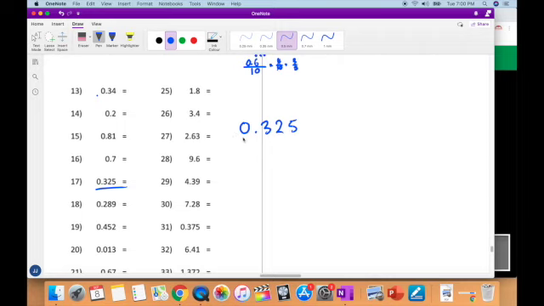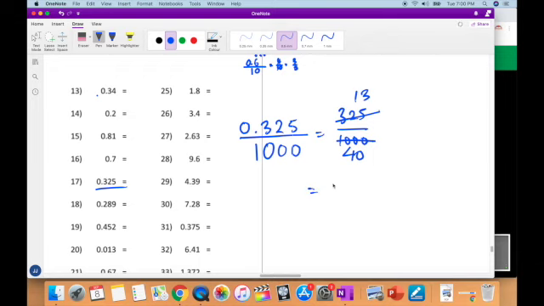This is what we do. Right, very good. So I put this so, and I put the 1 where the point is. 3 decimal places means that I have 3 zeros. So that means I have 325 all over 1,000. Now, you could cross this off in multiples of 5, but that'll actually take too long. But what you could think about is multiples of 25. So there are 13 25s in 325, and there are 40 25s in 1,000. So you end up with 13/40.